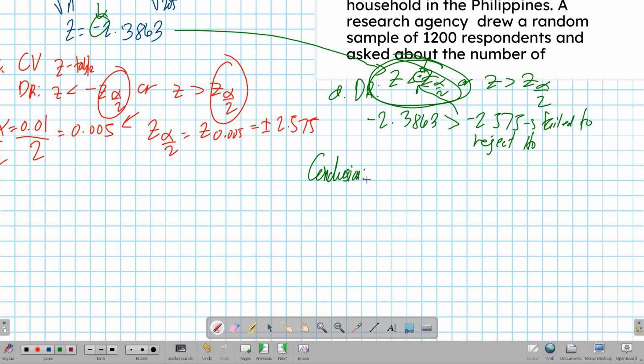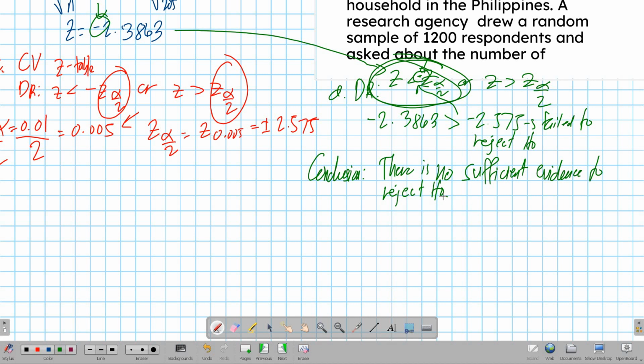Since we have failed to reject, the first sentence that we need to write is that there is no sufficient evidence to reject H0.